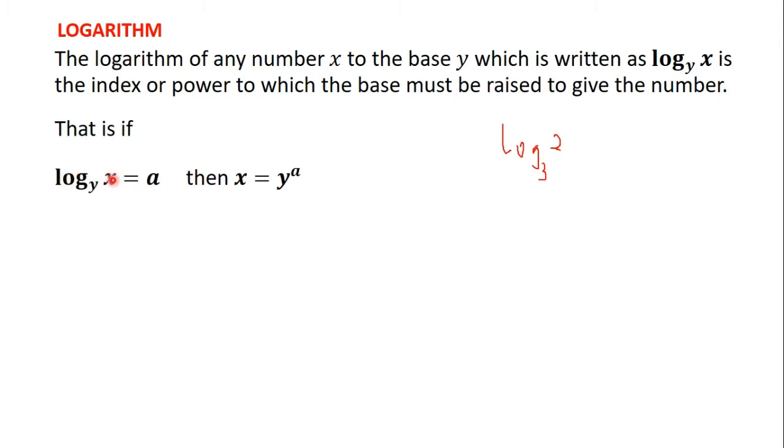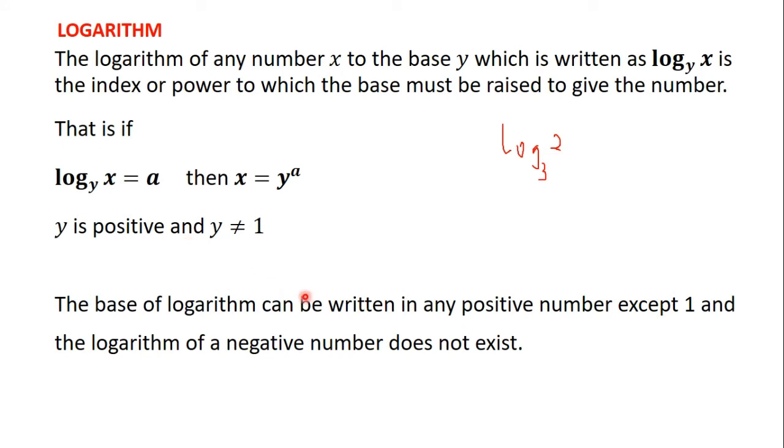So if the logarithm of x to the base y is equal to a, then x, which is the logarithm number, is equal to the base, which is y exponent a. We are going to solve more questions on this. Remember that y is positive, so the logarithm base is positive and is not equal to 1. So the base of a logarithm cannot be 1 and it must be positive.